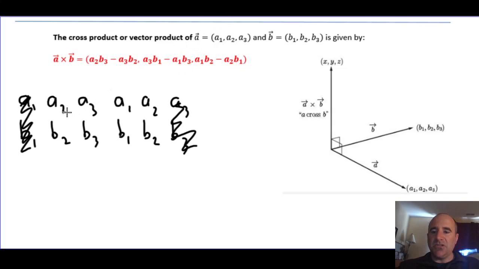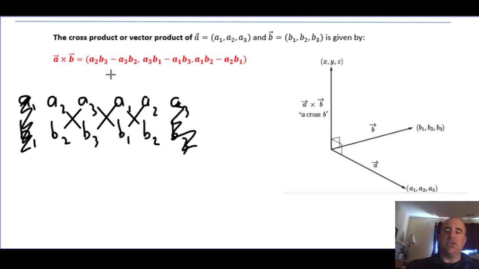If I go A2 times B3 and subtract A3 B2, you get that part of the formula right there. The second value of the formula, A3 B1 minus A1 B3, is right here: A3 times B1, subtract A1 times B3. And then finally the last coordinate, A1 times B2, subtract A2 B1. There it is right there.